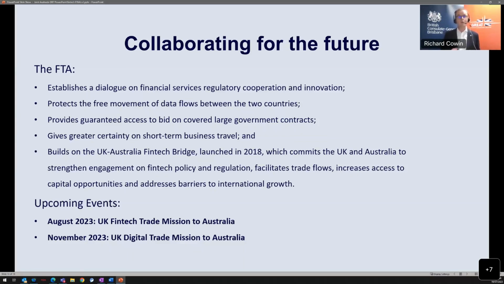Because I think the things that worry people at the moment in international trade and in fintech are the security and reliability of your supply chains, data, and ESG. And the free trade agreement locks us into strategic conversations around all of that and security on our data control and our data regulations. So it does really do something different and bring opportunities for you.